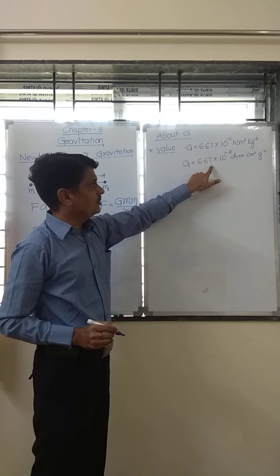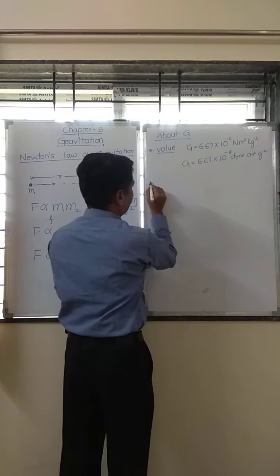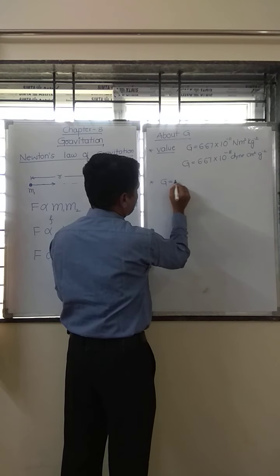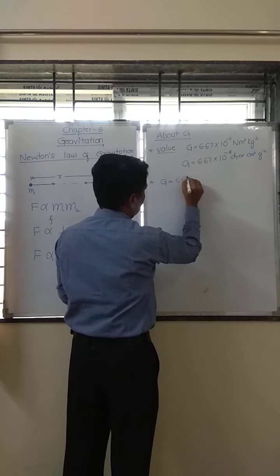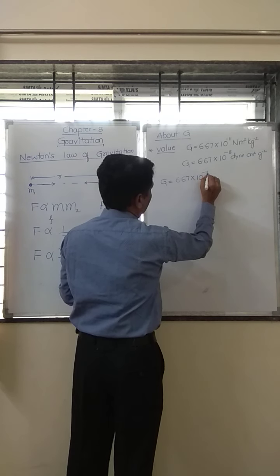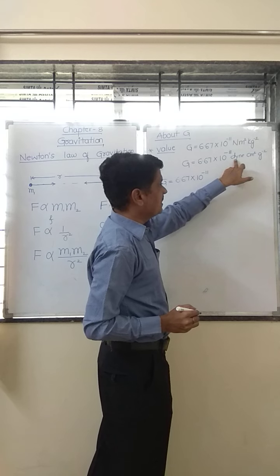Even if you don't know this value, you can arrive at it also. See, G is equal to, in SI system, 6.67 into 10 to the power minus 11 Newton meter square per kg square. In CGS it is a dyne.